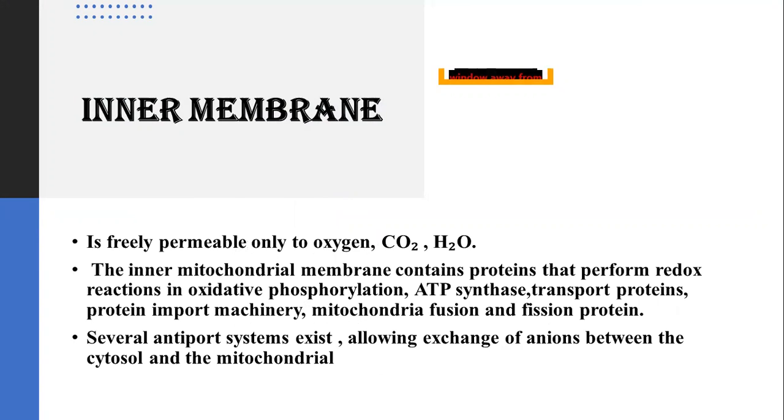The inner mitochondrial membrane contains proteins that perform redox reactions in oxidative phosphorylation, ATP synthesis, transport proteins, protein import machinery, and mitochondrial fusion and fission proteins. Several antiport systems exist allowing exchange of cations and anions between the cytosol and the mitochondria.